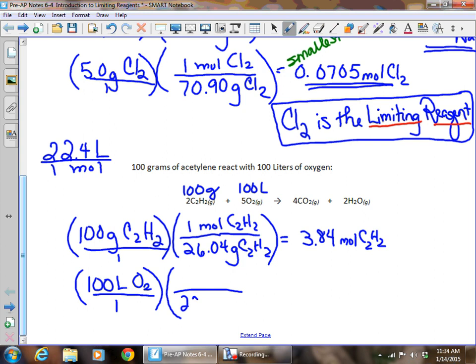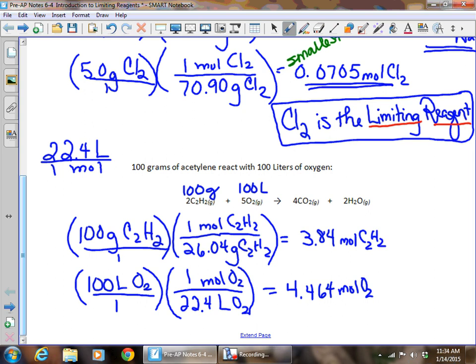So the 22.4 liters needs to go on bottom, the 1 mole on top. And when we divide that out, we get that we have 4.464 moles of oxygen.